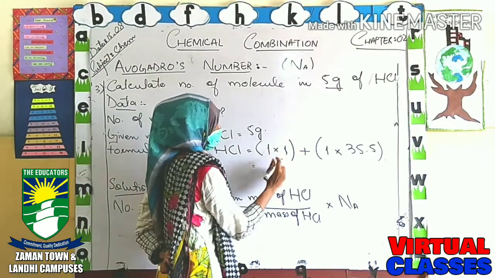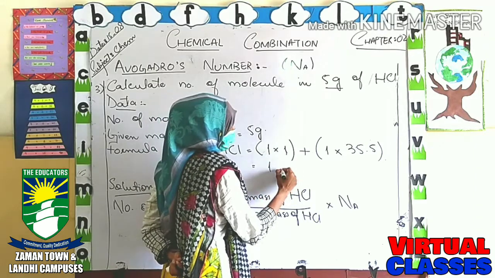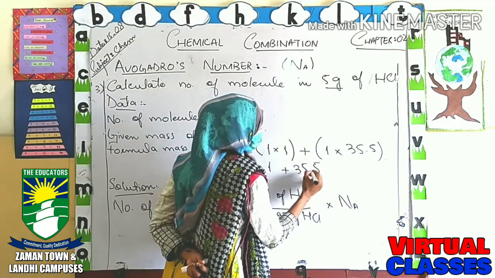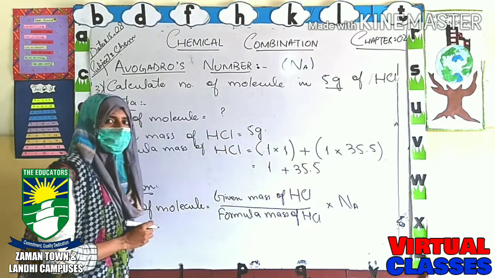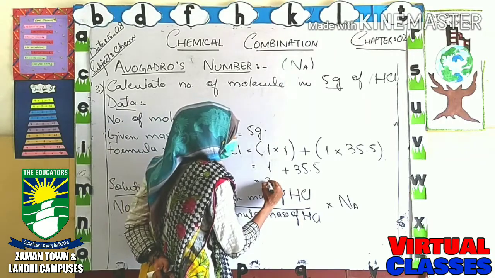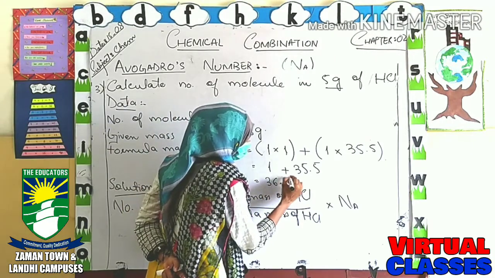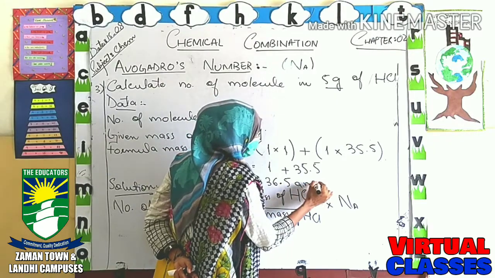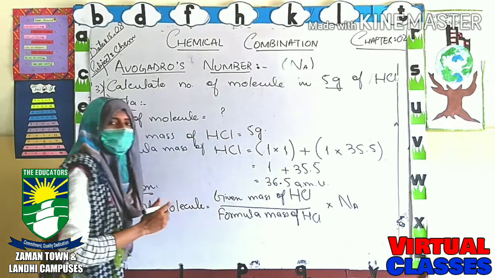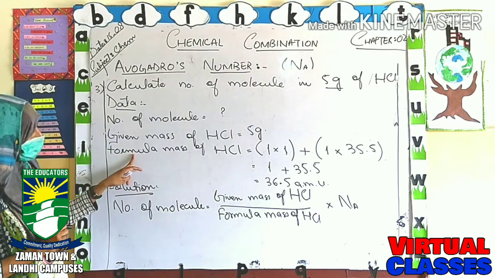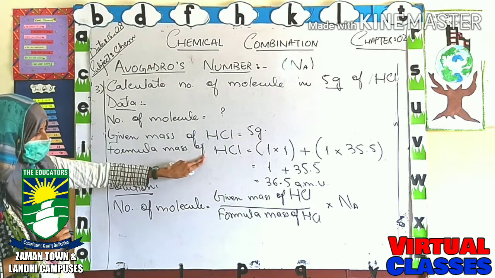Now solve it: 1 times 1 plus 1 times 35.5. 35.5 plus 1 is 36.5. Formula mass, that is in AMU. Clear? Now we also have the value of the formula mass of HCl.